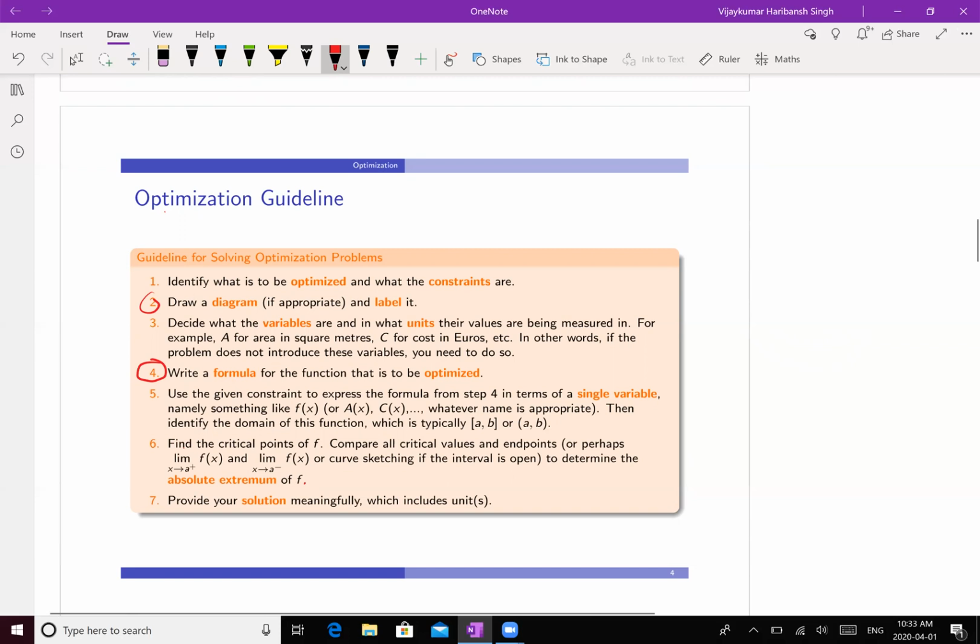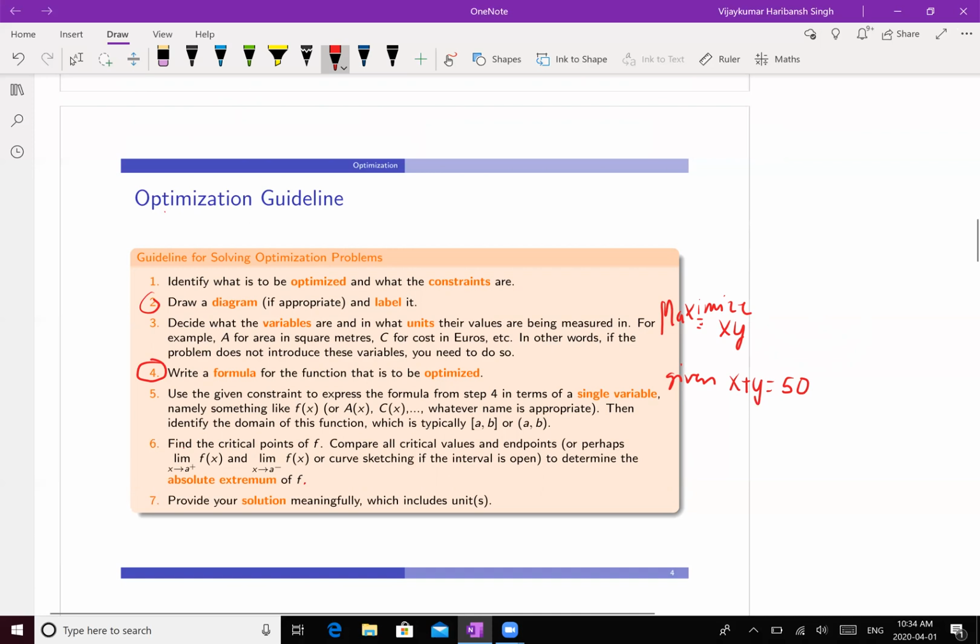Now, sometimes you may have, suppose, the following: maximize xy given that x plus y equals 50. Now this is an optimization problem, right?